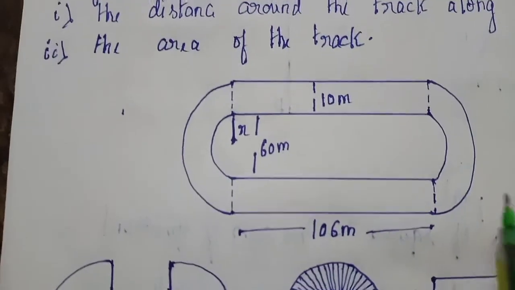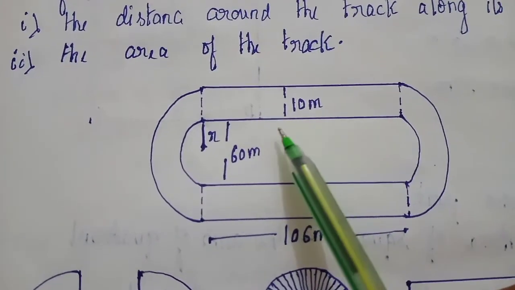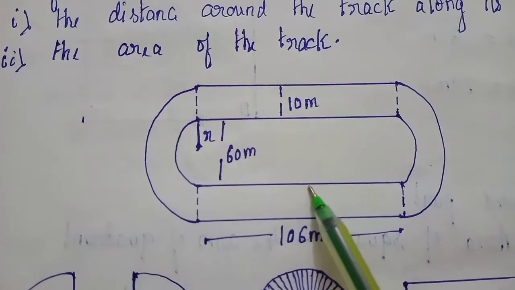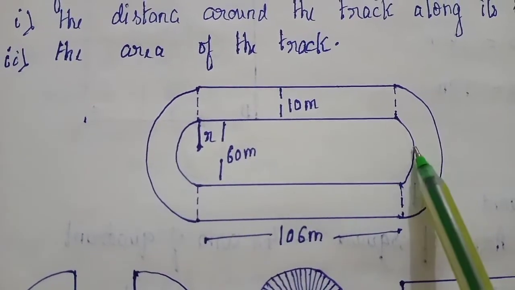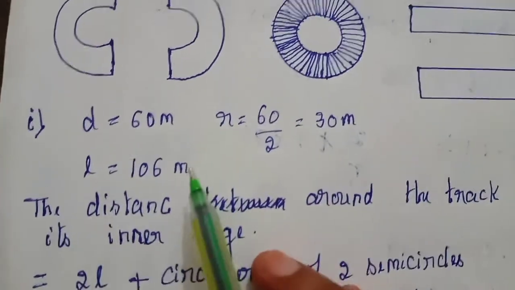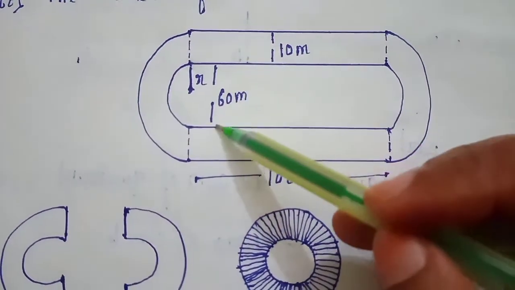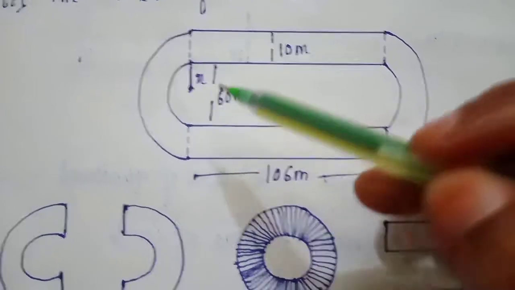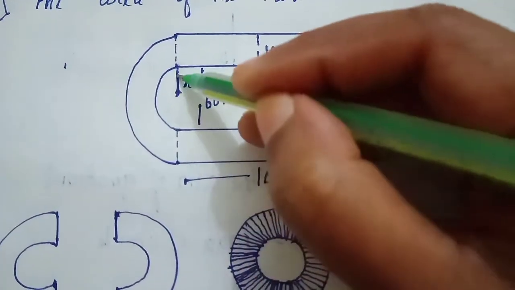So in other words, the distance around the track along its inner edge is nothing but the length of 2 line segments plus the perimeter of one circle, or circumference of a circle. Now let us start. What he has given is the diameter. So you can see the distance between the 2 inner edges is 60 meter, nothing but if I join this, it becomes what? Diameter.